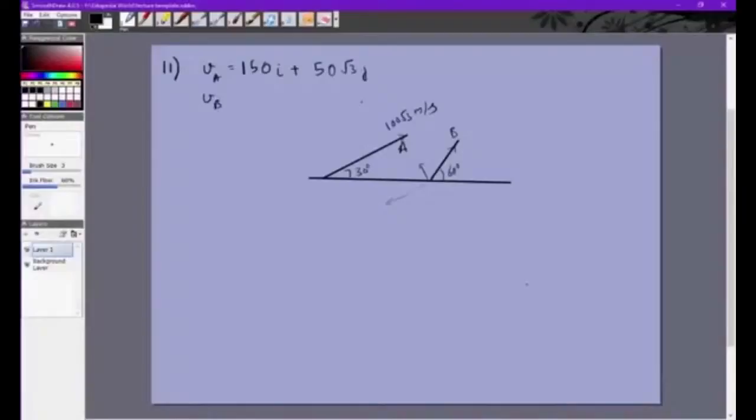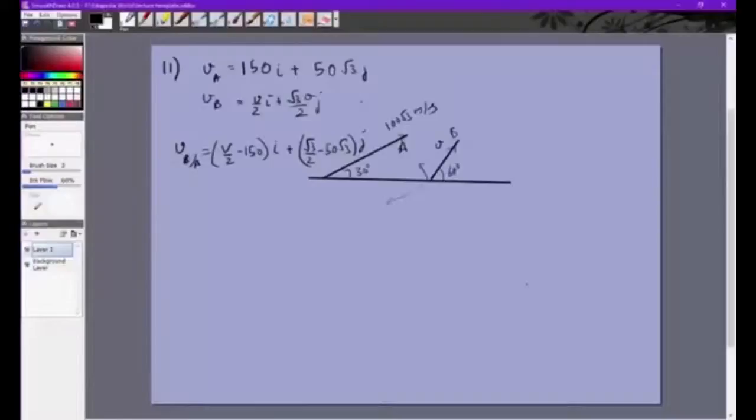And the velocity of B, we don't know the speed, let's assume it's V, so it's V cos 60 i cap, that is V by 2 i cap, plus root 3 V by 2 j cap. What is V of B with respect to A? That is VB minus VA. That is (V by 2 minus 150) i cap plus (root 3 by 2 V minus 50 root 3) j cap.